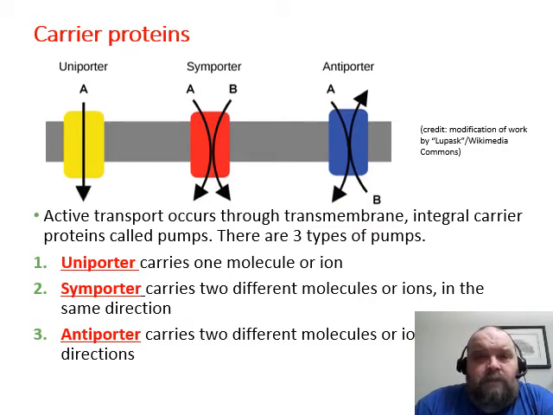Now, when it comes to transporting, we're going to see that carrier proteins, these things that do the work, can either move one thing at a time across. It may be multiples of A, as you see to the left there, the uniporter moving A across.